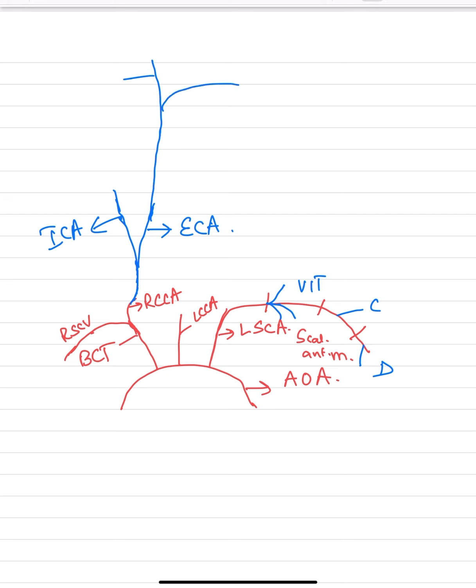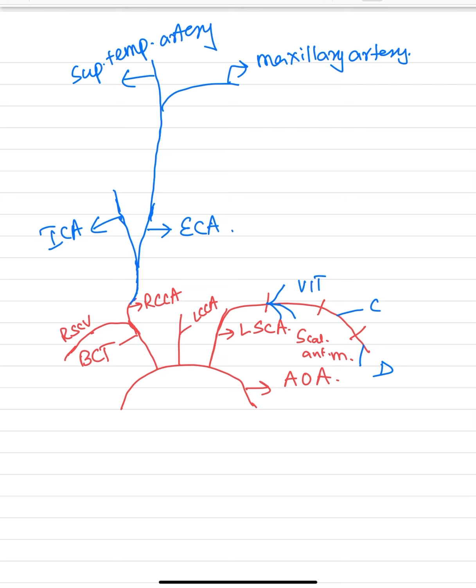Superficial temporal artery, number one. Okay, and second is which one? That is your maxillary artery. Okay, so maxillary artery and superficial temporal artery, they are your what? They are your two terminal branches of your external carotid artery.